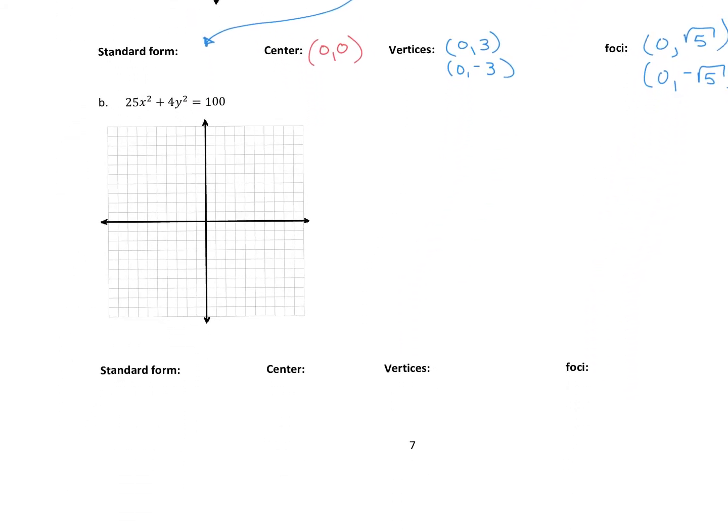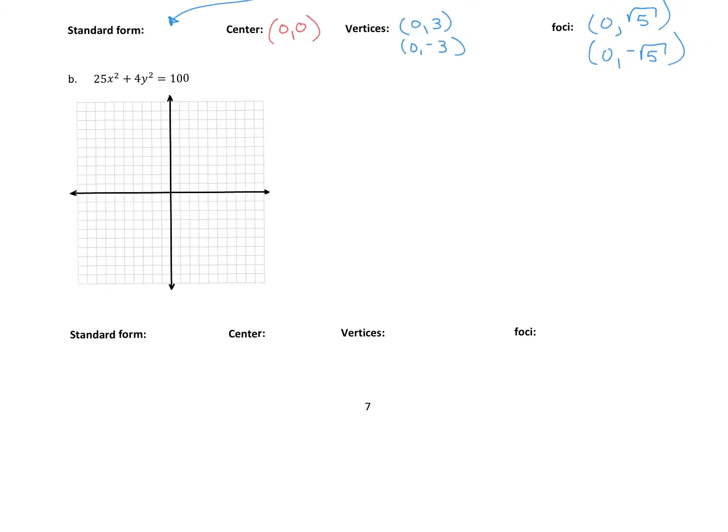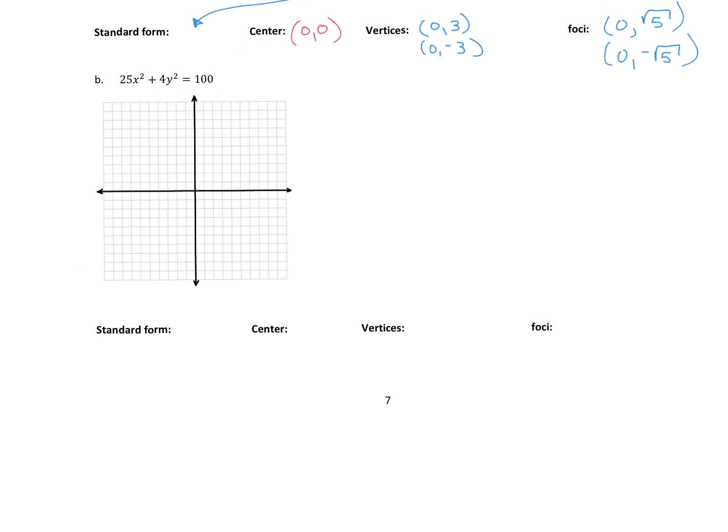You can try this one on your own if you like, and pause your video, and I will work it through. So we've got 25x squared plus 4y squared equals 100. If I divide by 100, I get x squared over 4 plus y squared over 25 equals 1. That's our standard form.